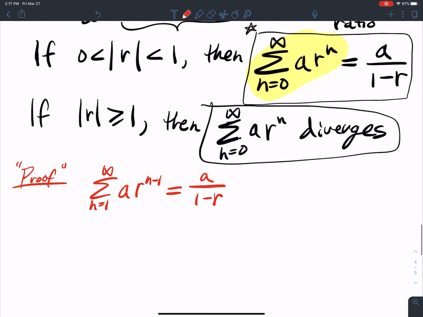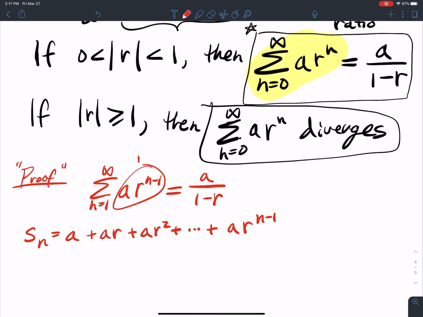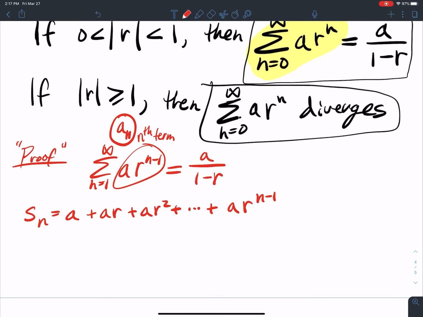I look at the nth partial sum. S sub n is a plus ar plus ar squared, up to plus ar to the n minus 1. That's the nth term, a sub n. Now, what can I do?